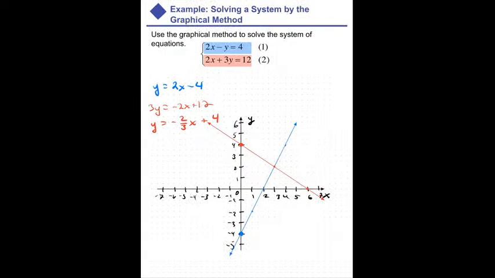So now it's clear that these two graphs cross. This is the point 3, 2. So the solution, they cross at the point, actually, red and blue makes this color. So they cross at this point 3, 2. Right? So our claim is that the solution to the system is this point.